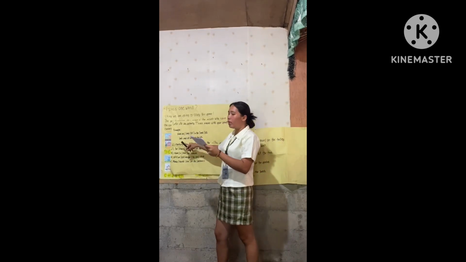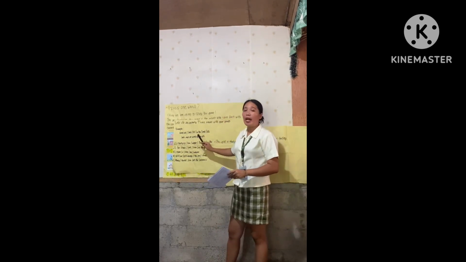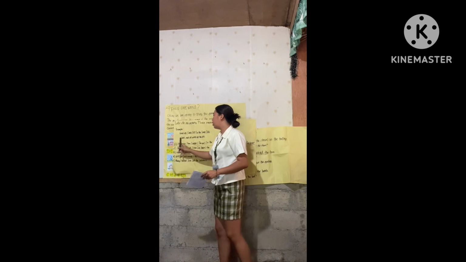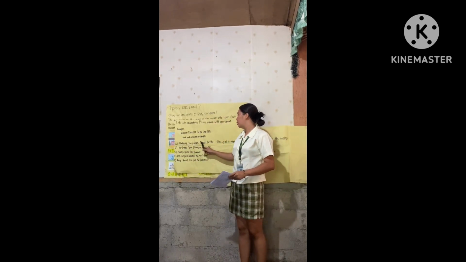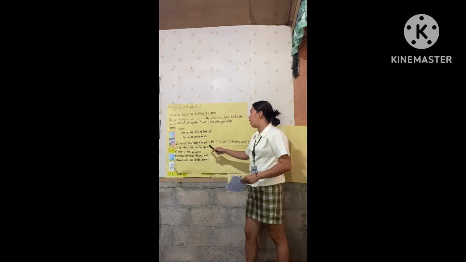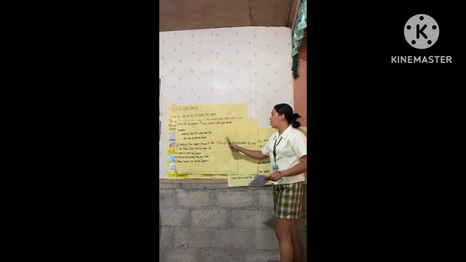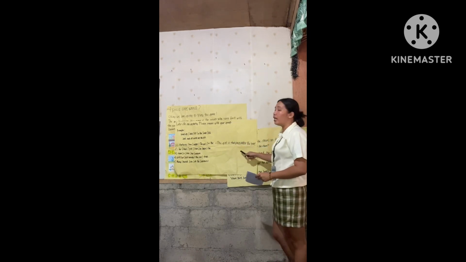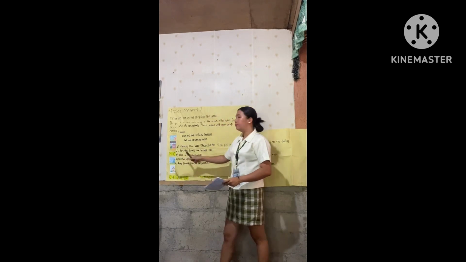When we form it into one sentence, it will be: Jack and Jill went up the hill. Okay, so number 1, kindly read, Grace. Studying, tree, under, the, girl, is, the. Okay. So, when we form it into one sentence, the answer is: the girl is studying under the tree.